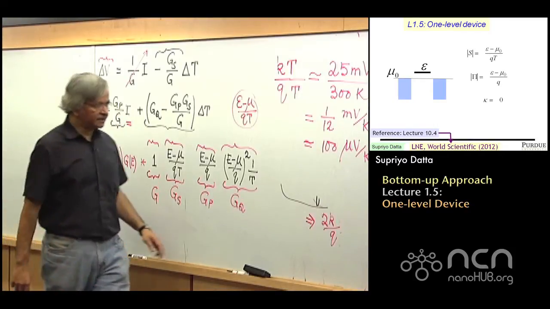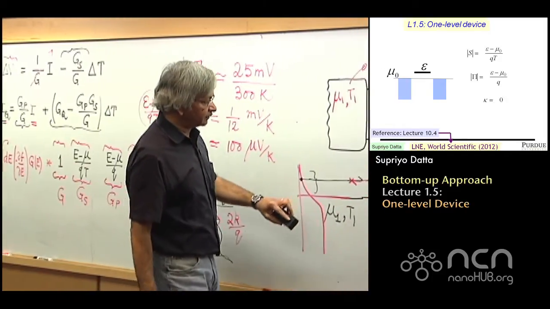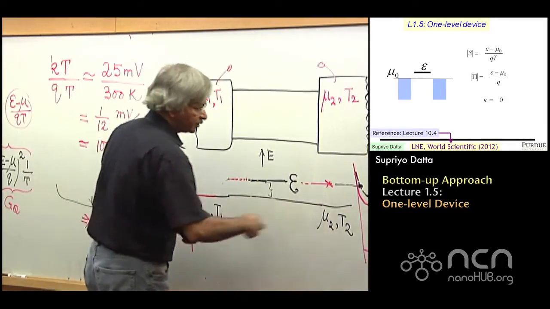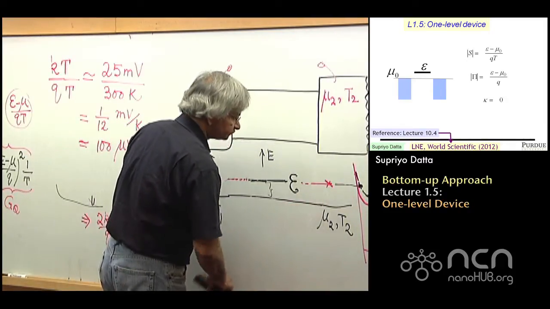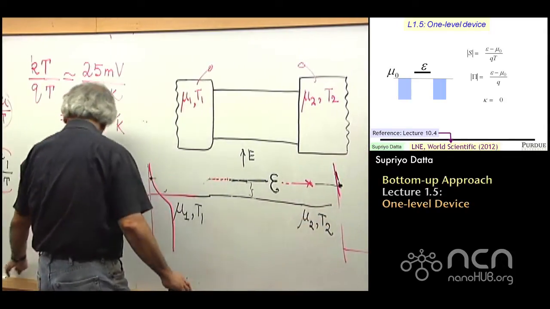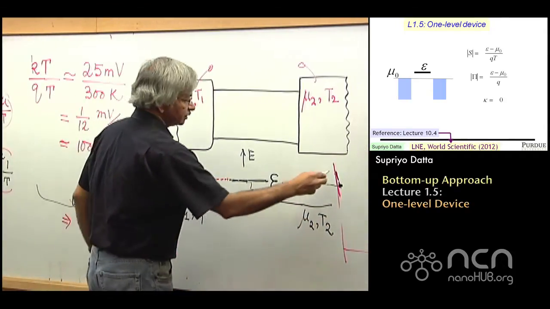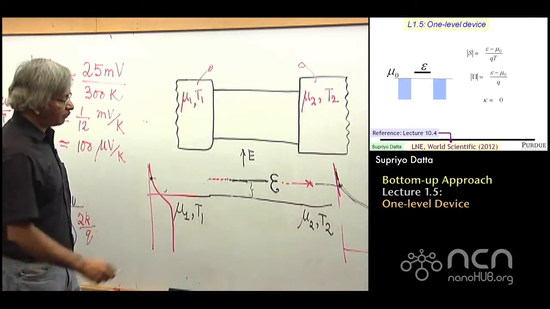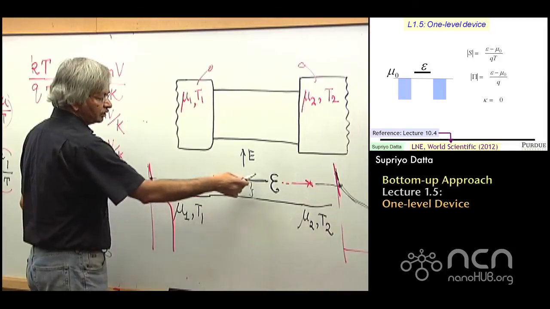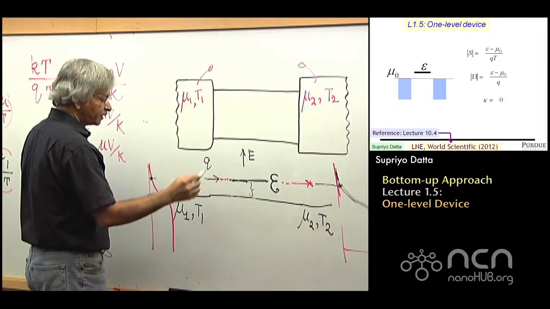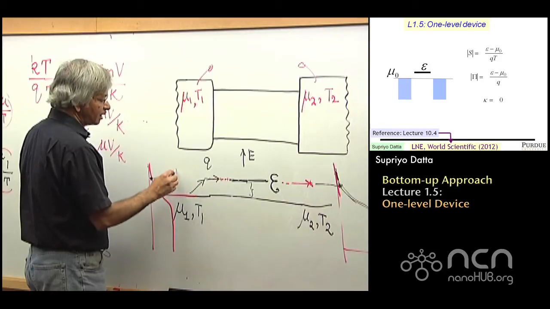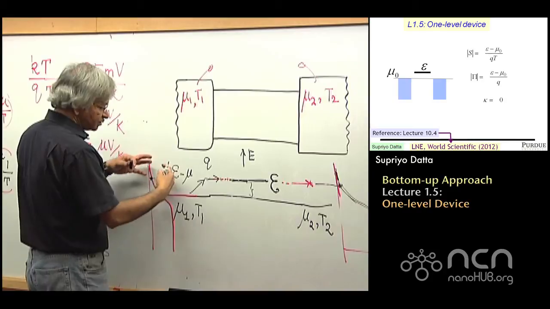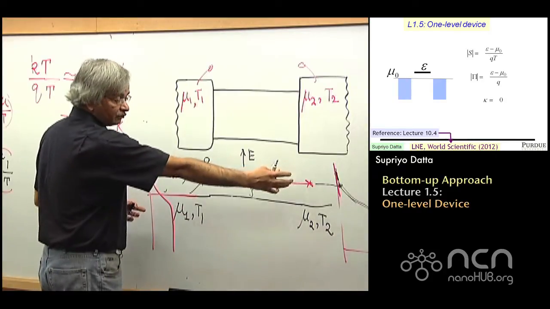And the idea is that every time an electron goes through this, with both sides at the same temperature, you're running a current through it. Every time an electron goes through, it carries an amount of charge q, but it also transfers an amount of heat, which is epsilon minus mu, because it takes epsilon minus mu out of this contact and dumps it over there.